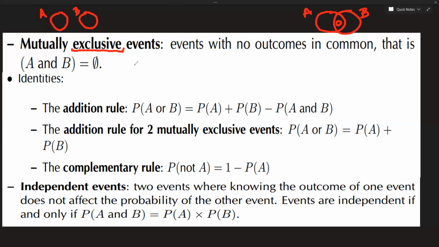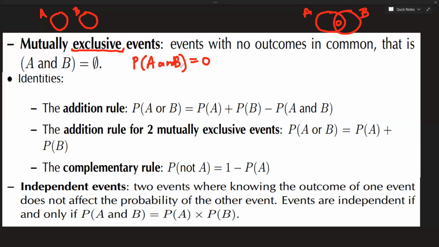The probability of A and B must be equal to 0 if the events are mutually exclusive. So if the question asks you to prove that two events are mutually exclusive or not, you are always going to use the probability of A and B. If it's 0, they are mutually exclusive.